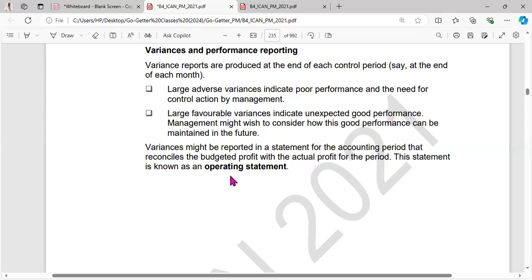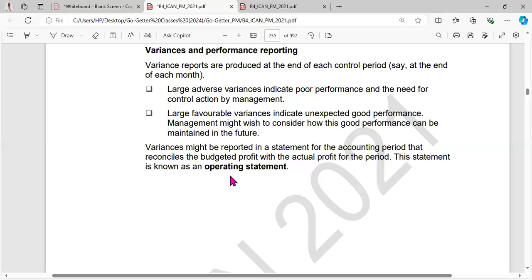And the question will be: question number one, prepare the original fixed budget, that's 1A. Number two, prepare the actual result in a statement.